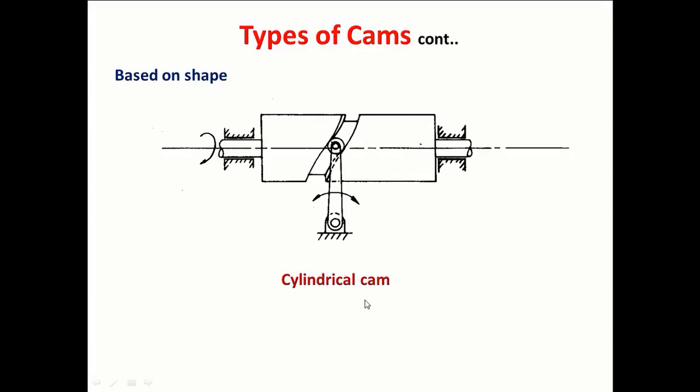Then we have cylindrical cam. The cam is in the form of a cylinder in which a groove has been made. As the cam rotates, the follower moves inside the groove so as to have an oscillating output motion.